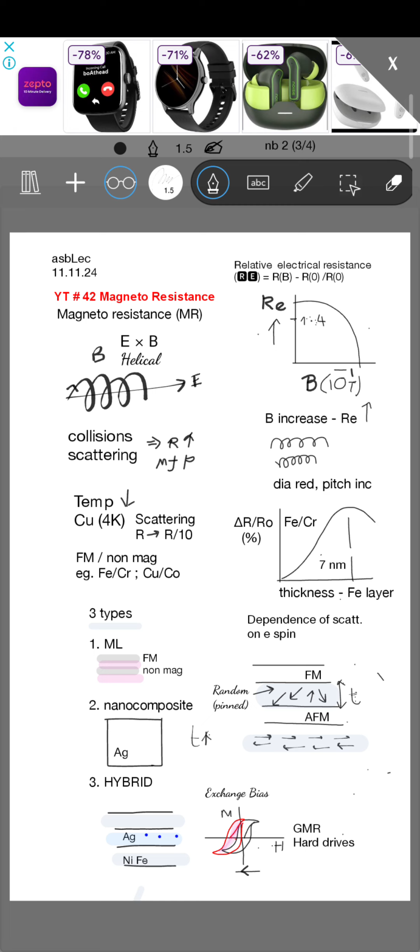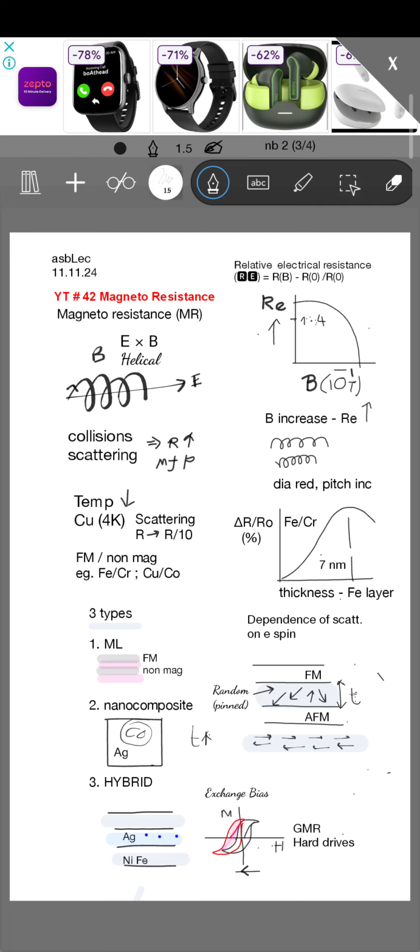The second one is a nanocomposite, where you have a base of a non-magnetic material, like here, silver, and on that base there are magnetic particles grown all over the place.